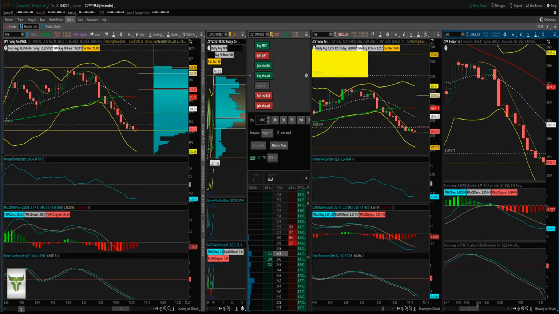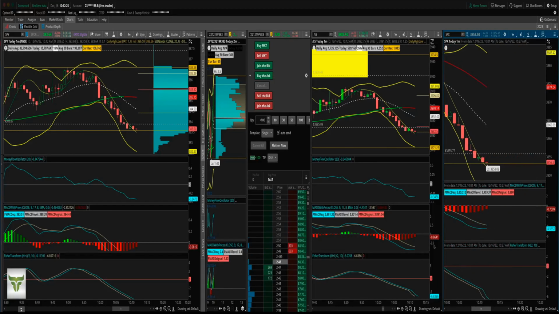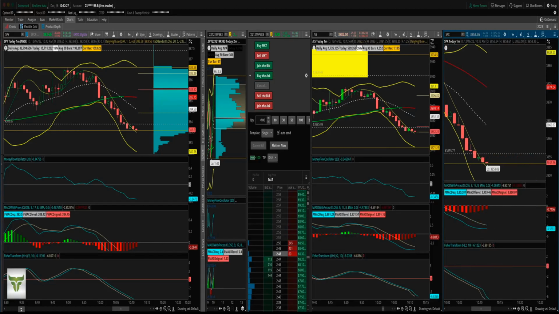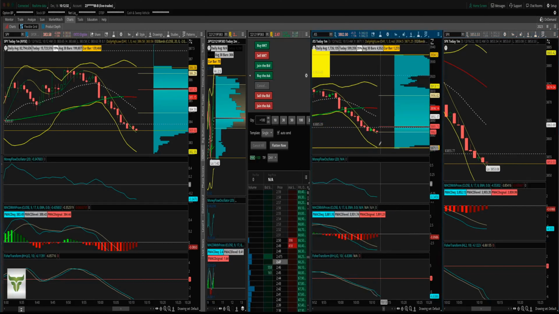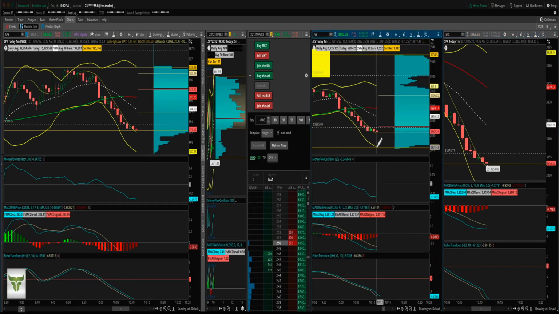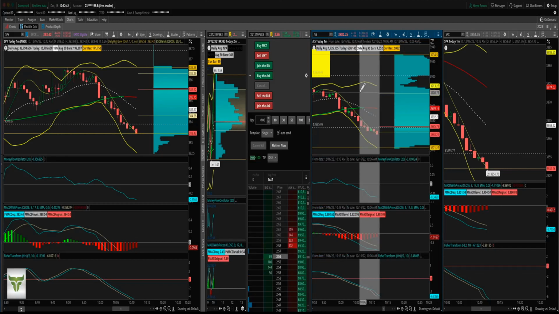So I just gotta make these candles a little bit bigger here so I'm not going blind looking at small candles. So I'm looking at this entry, I'm looking at this exit right around this point right here because that's the lower end of the volatility band. So we're gonna see what happens.